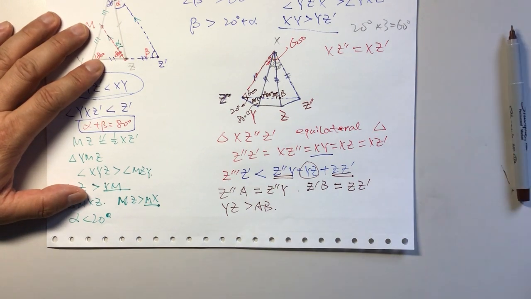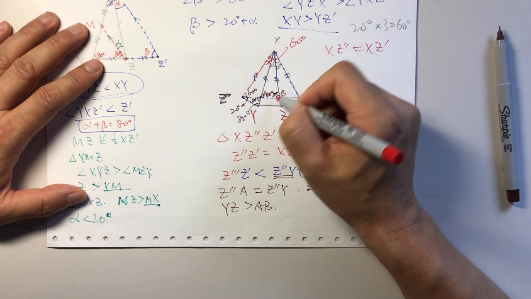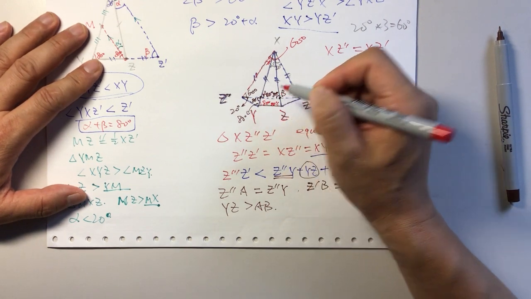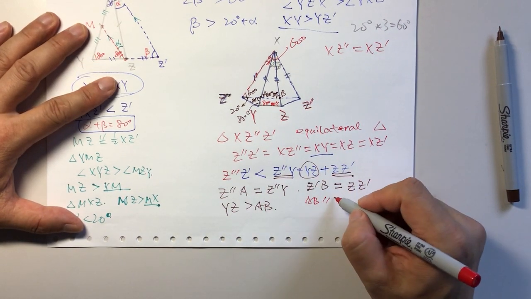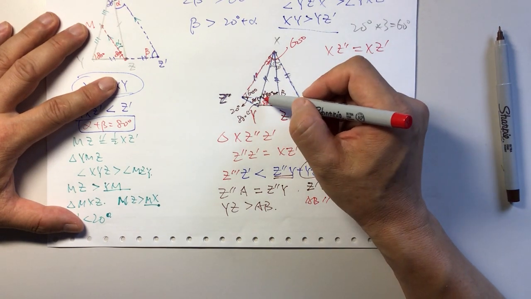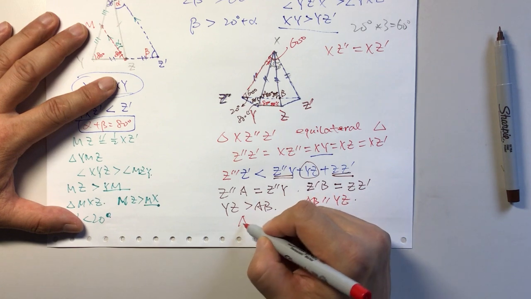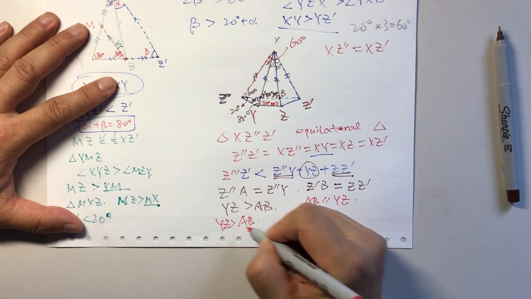And also from here we can count this vertical angle, this 80 degree, 80 degree. So this AB is parallel to YZ, and we know YZ is greater than AB.